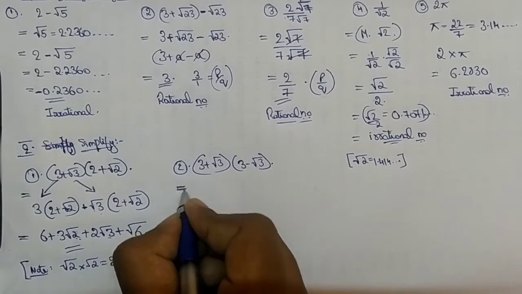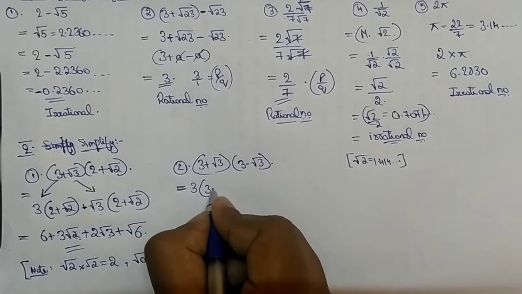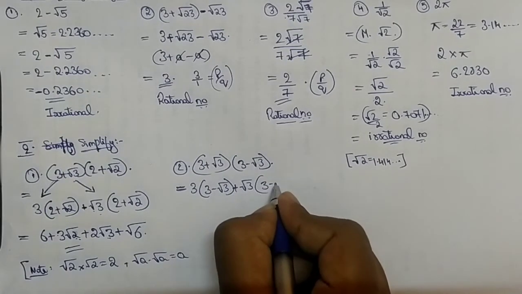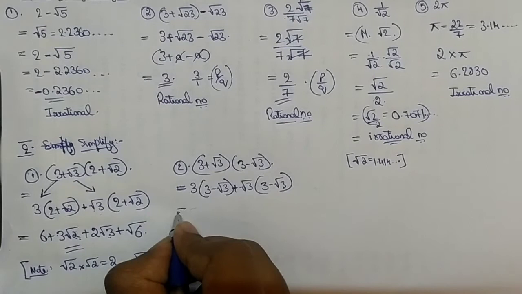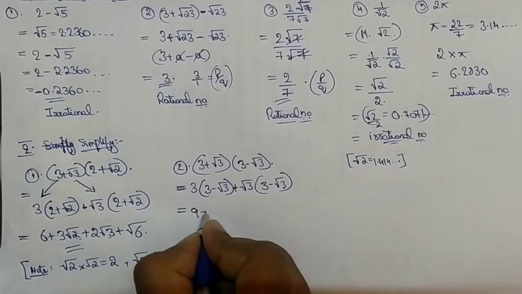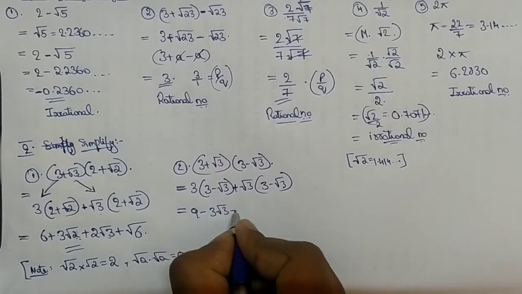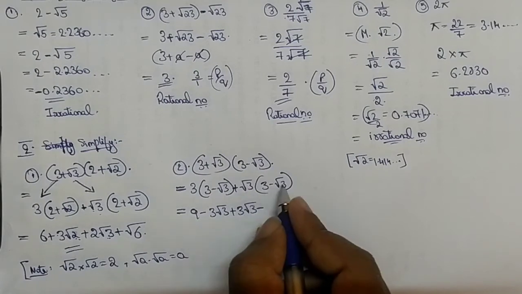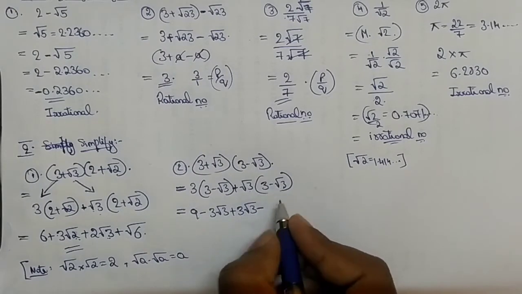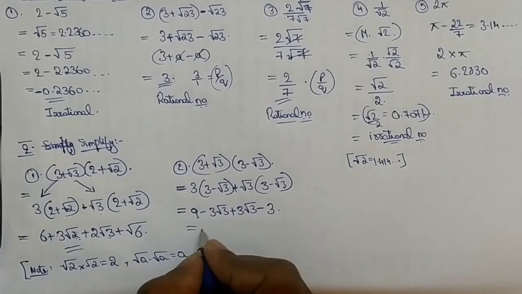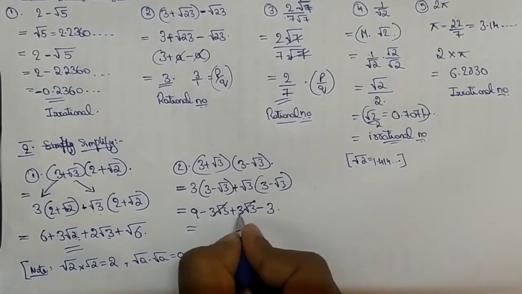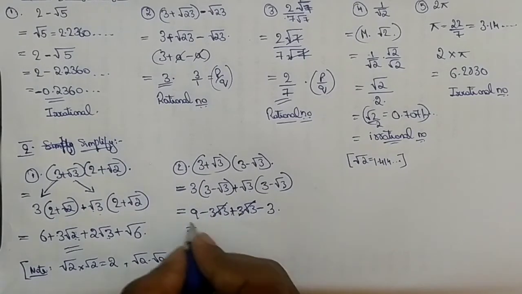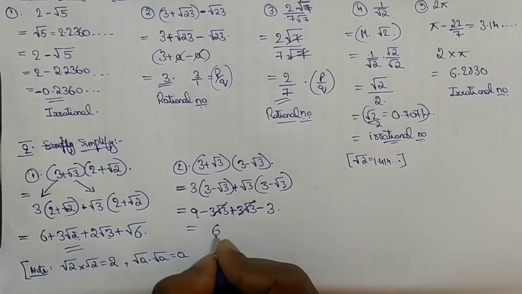So going similarly, 3 into whole term 3 minus root 3 plus root 3 into whole term 3 minus root 3. 3 3s are 9 minus 3 times root 3 plus 3 times root 3 minus root 3 into root 3, that is 3. See, this is going to cancel, they are same terms with opposite signs. 3 times root 3, 3 times root 3 with opposite sign going to cancel. 9 minus 3 is going to be 6.